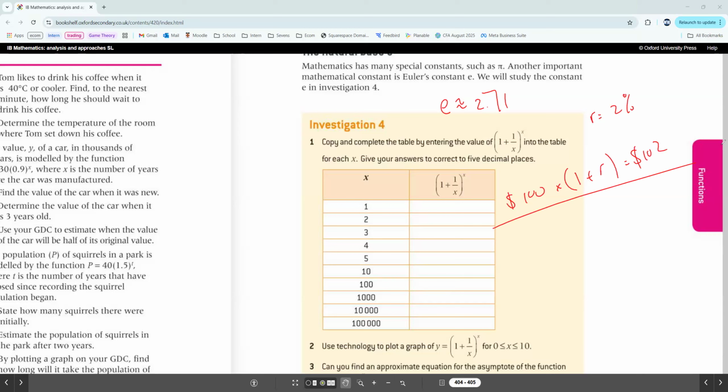But the problem is, what if your interest is paid every month rather than at the end of the year? In that case, the bank simplifies things and says, we're going to pay you slightly more by calculating interest every month. So every month I will pay you R over 12, which is 2 over 12, whatever it is.